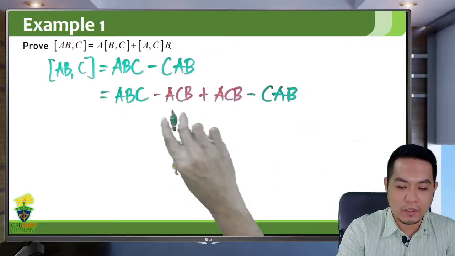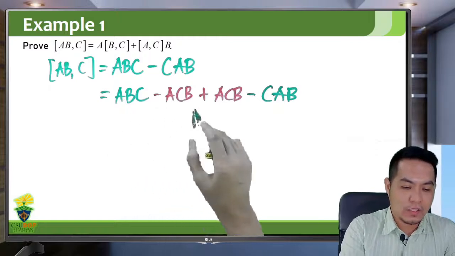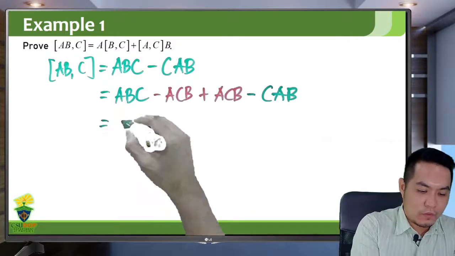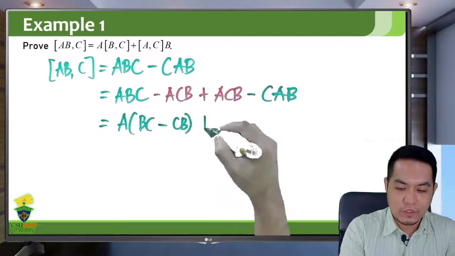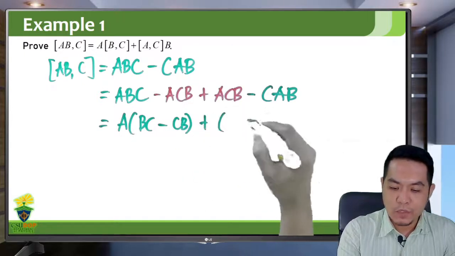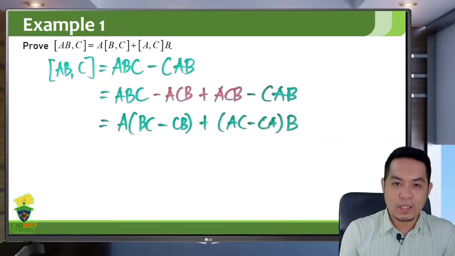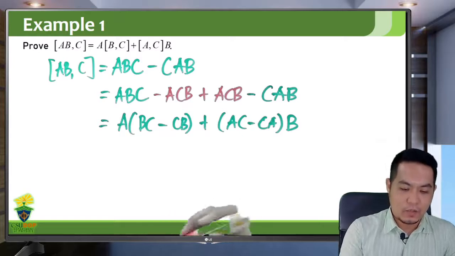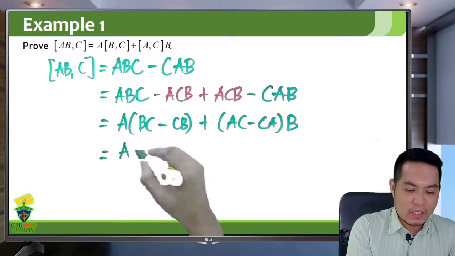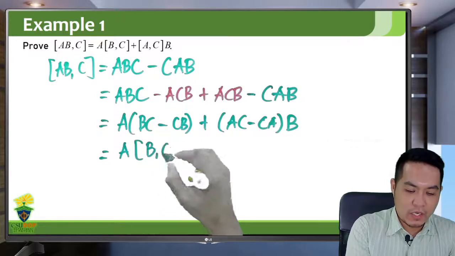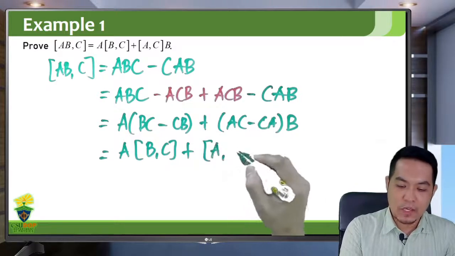And then I group these two. So you will have AB C minus CB, plus you will have AC minus CA, with a factor of B on this side. BC minus CB is just the commutation relation of B and C. AC minus CA is just the commutation relation of A and C.